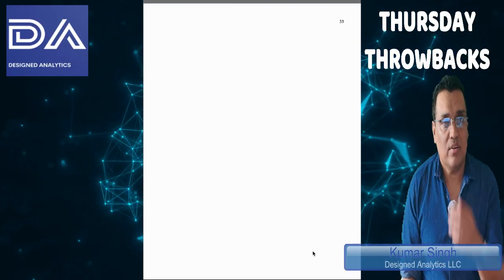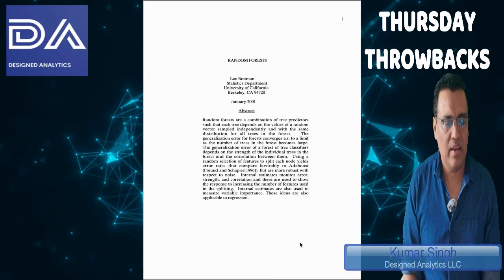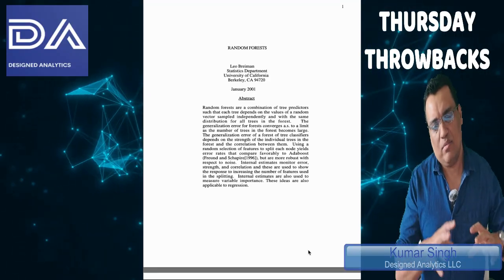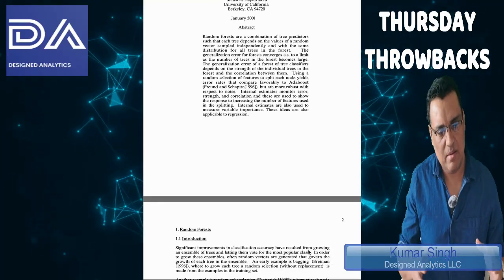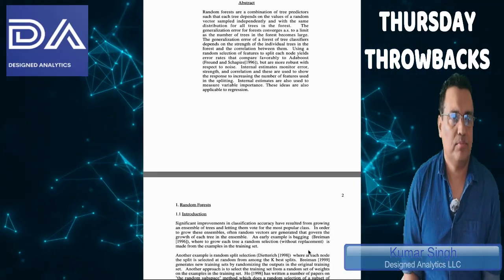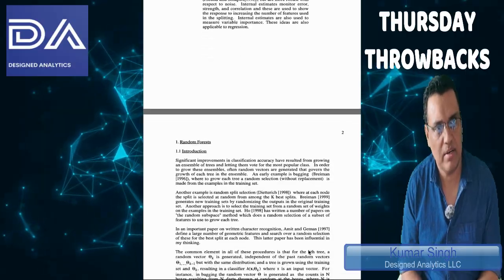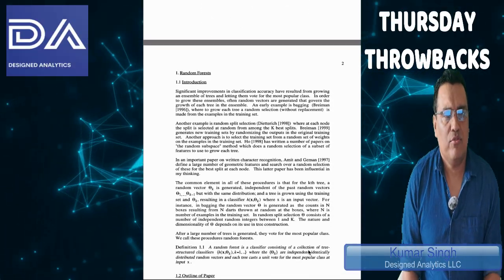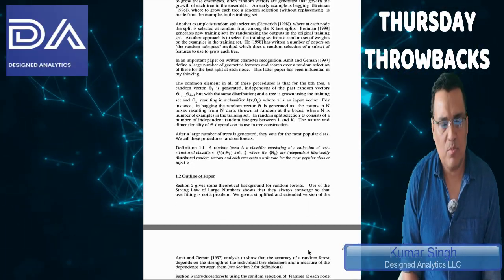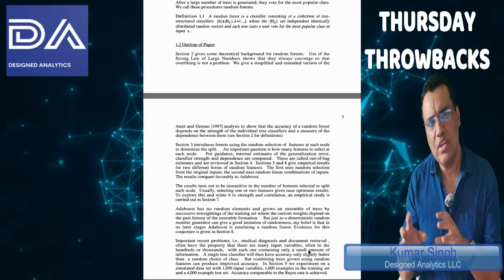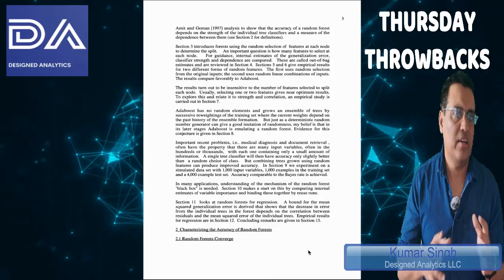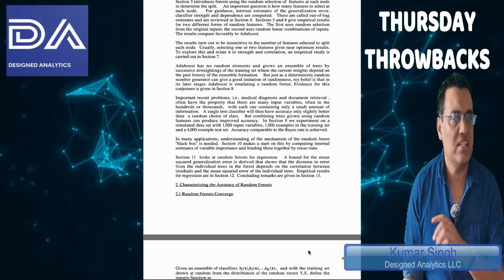Now, why does it work? If we combine different weak learning decision trees, for example, why will it give a strong learner? Well, there are a few reasons we can touch upon. It reduces variance: combining many weakly correlated models makes the final output more stable than any single model.